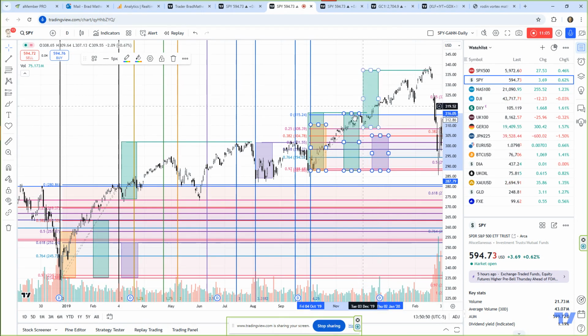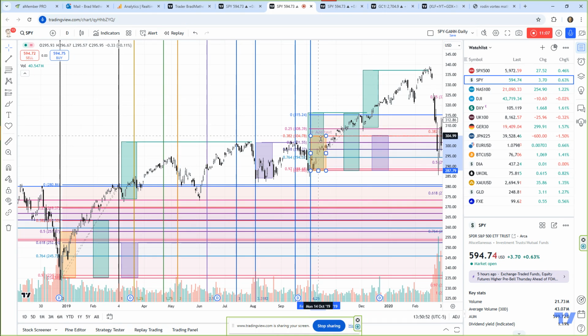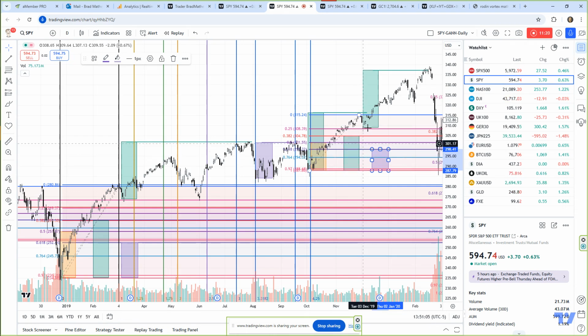So let's leave this here for now. This will be our 5-0 range. This will be our 382, and this will be our 618. So now we would be measuring a 382 from here up into this area.